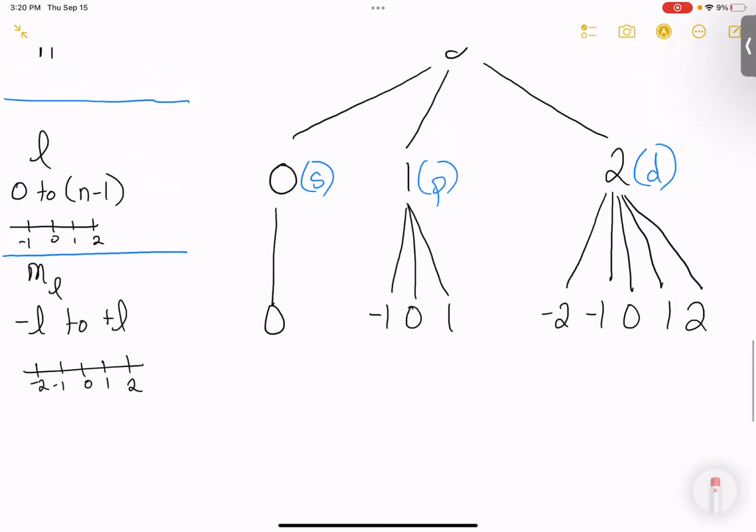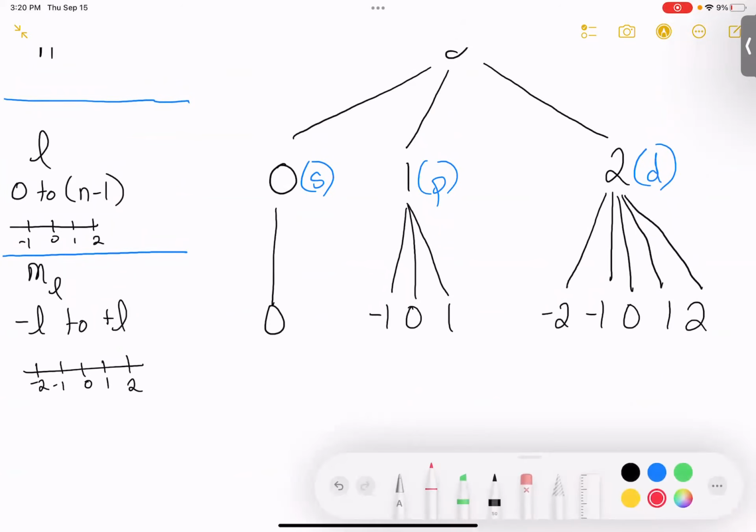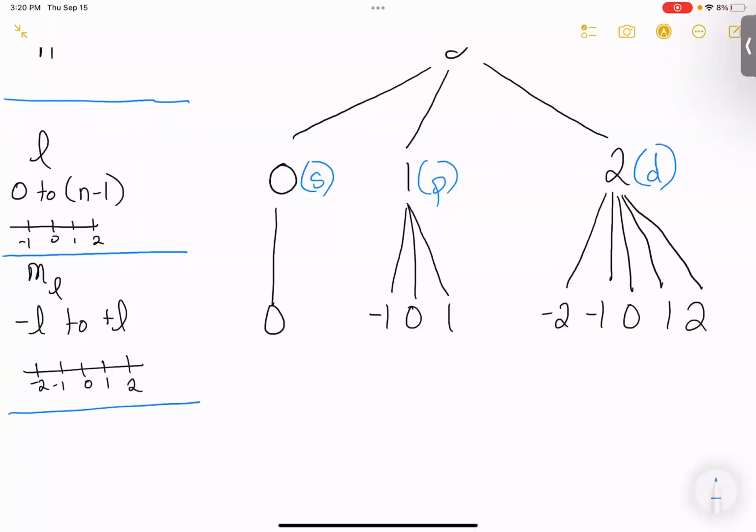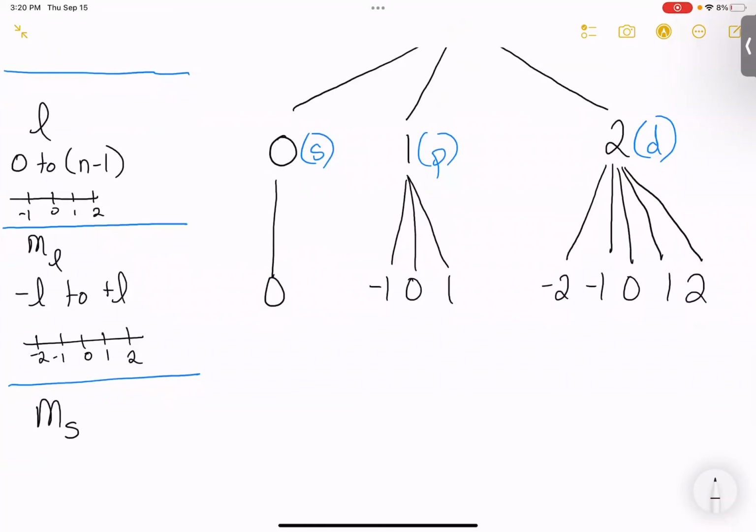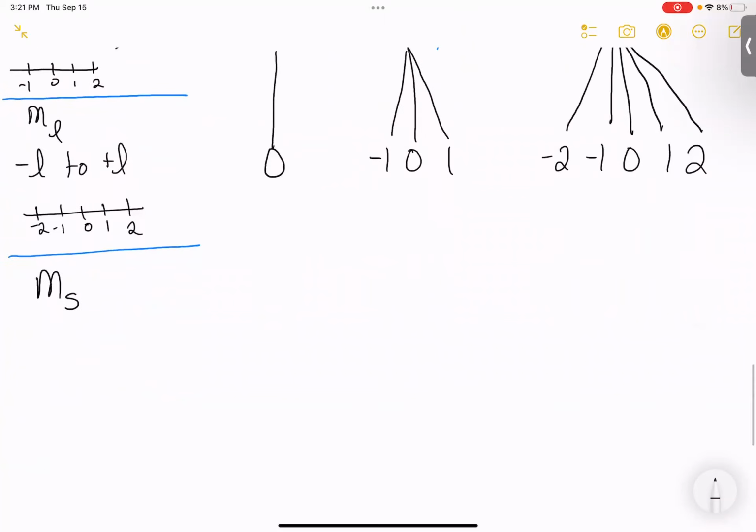The 4th quantum number is the m sub S quantum number. I'm going to scroll down, but leave a little space because we're going to come back and fill it in. M sub S is referred to as the spin quantum number.